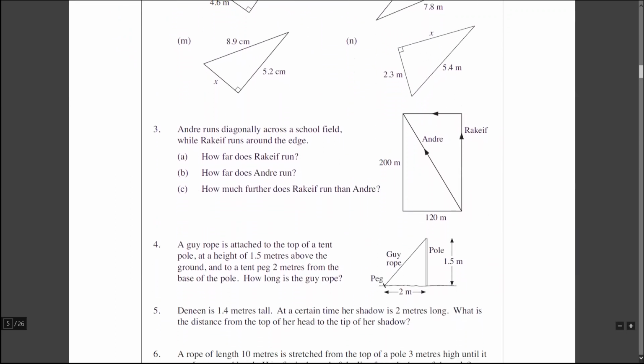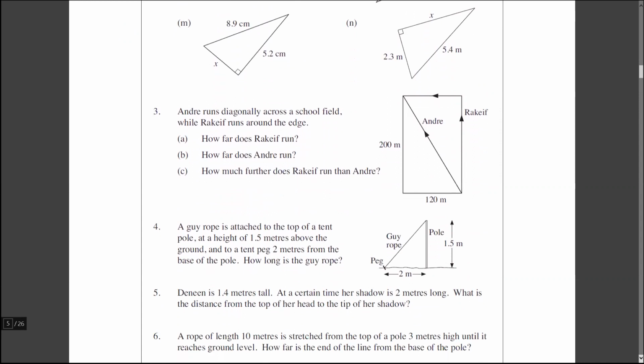Then we have these now that have, like, worded problems and show some application. So there's Andre runs diagonally across a school field while Rakif runs around the edge. So how far does Rakif run? How far does Andre run?